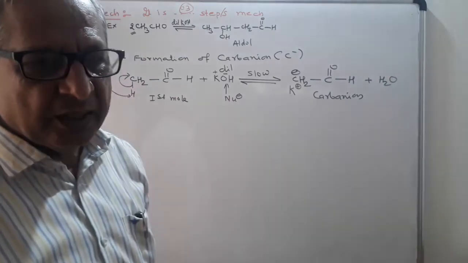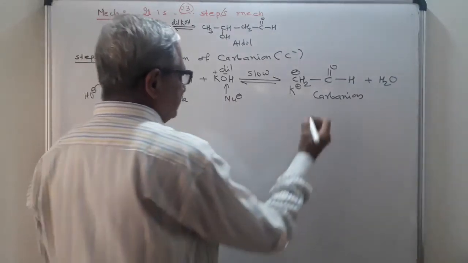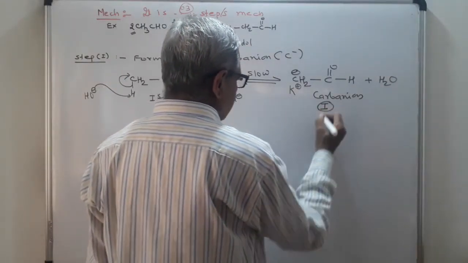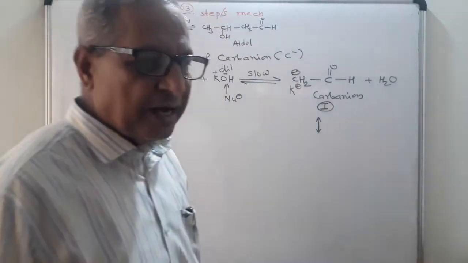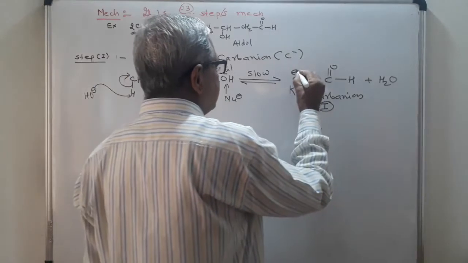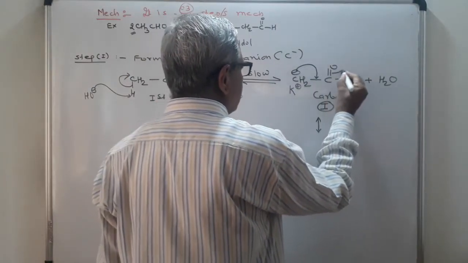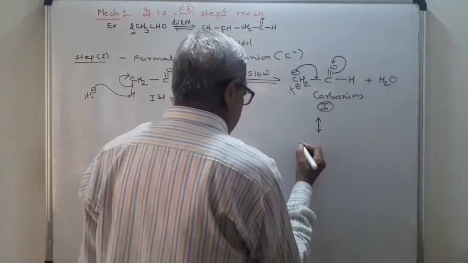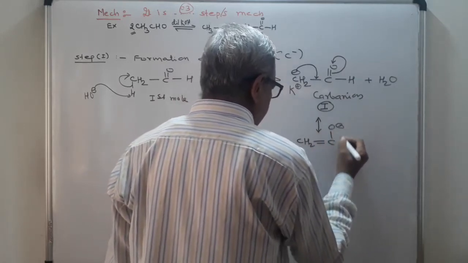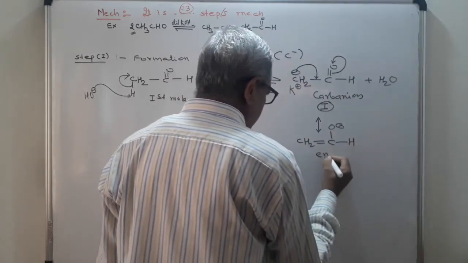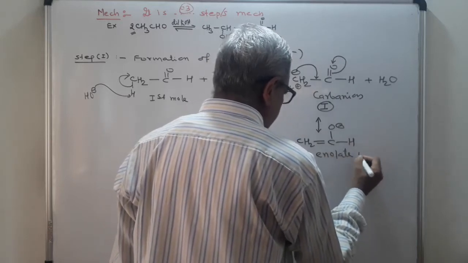Now I will set one JEE question here. See, this is structure number 1. This can be stabilized by resonance. Resonance is indicated by a double-headed arrow. You shift the resonance here like this: CH2=CH-O minus. It is known as the enolate ion.